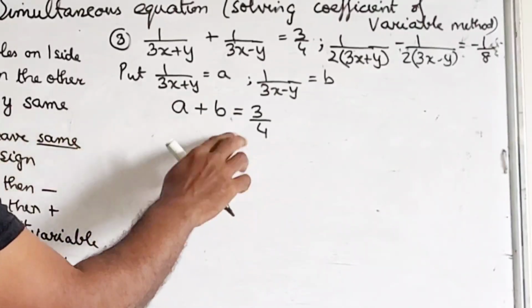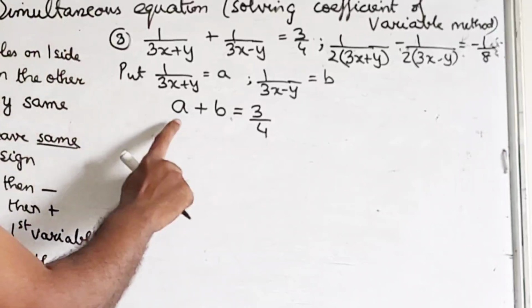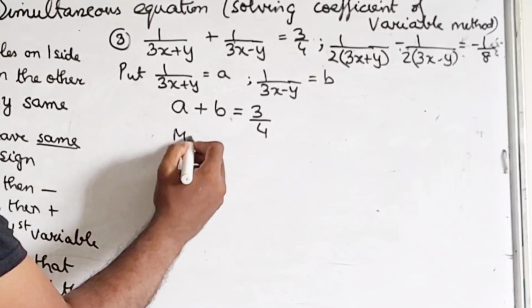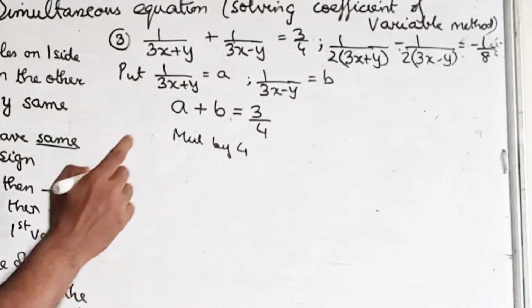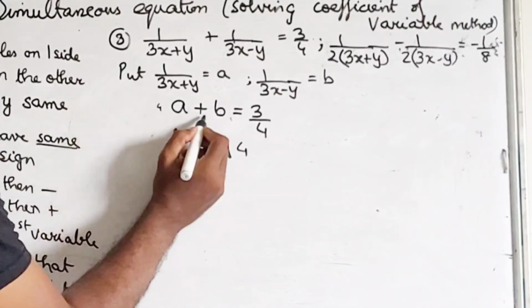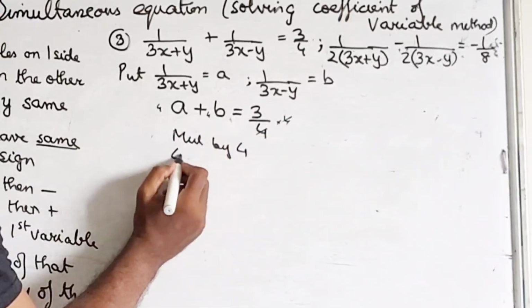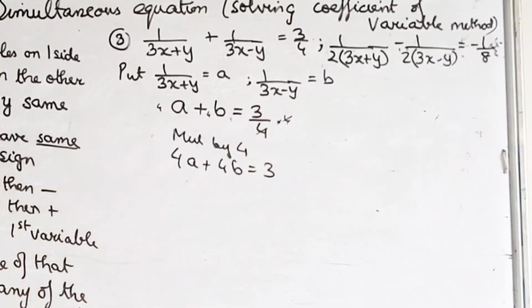In the first example, we saw there were two numbers; here only one number has a fraction. So I'll just multiply everything by 4. We don't need to take the LCM. This 4 gets cancelled, and what we get is 4a plus 4b is equal to 3. So my job is done. It has become an easy thing.